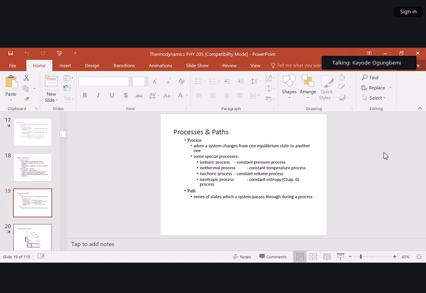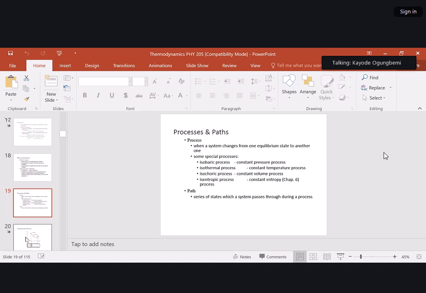In the exam, I can ask you to define the processes and give an example of that. I can ask you to define what a process is, and give an example of a process, okay? Paths are series of states which a system passes through during a process.